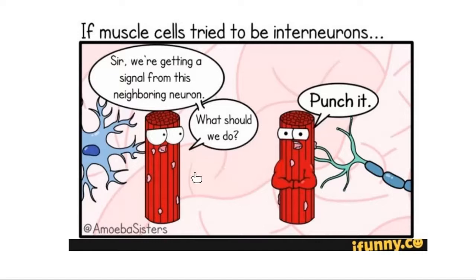Any message that we get from our neuron neighbor friend, a muscle cell that's trying to process it is always going to say punch it. Because that's what muscles do, right? They just punch. They just contract. So it's good for us that we can have more than one type of response. Interneurons help us to figure out what we should do when we're not busy punching our other cells. That wouldn't be so kind. So, interneuron funny for you there.